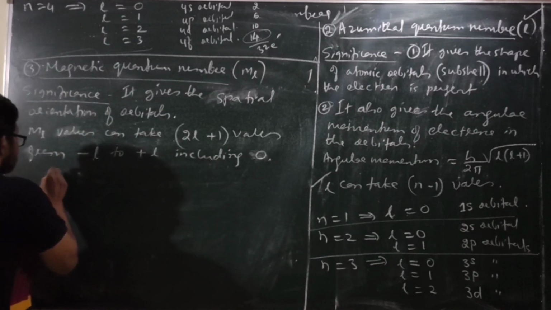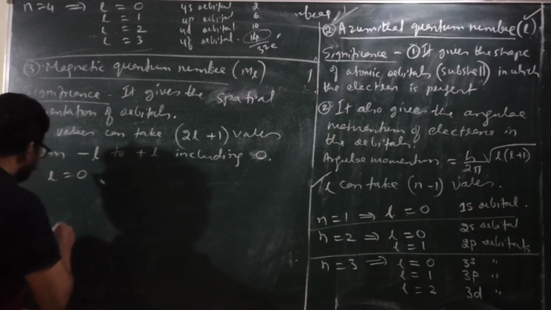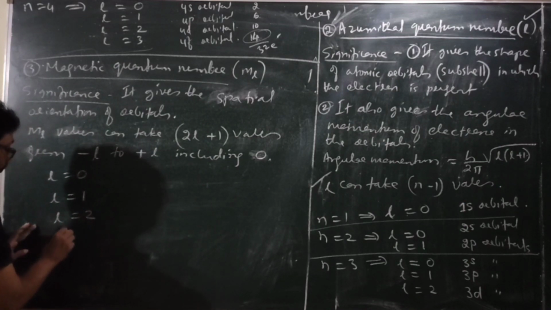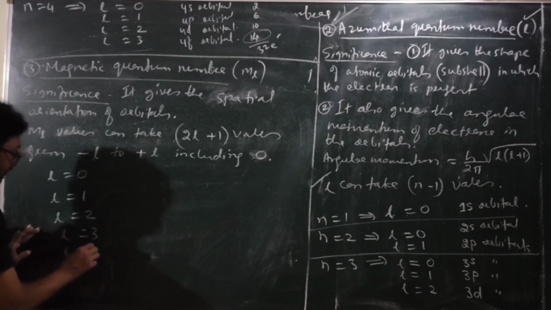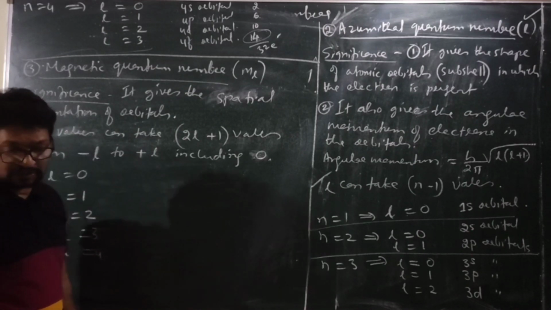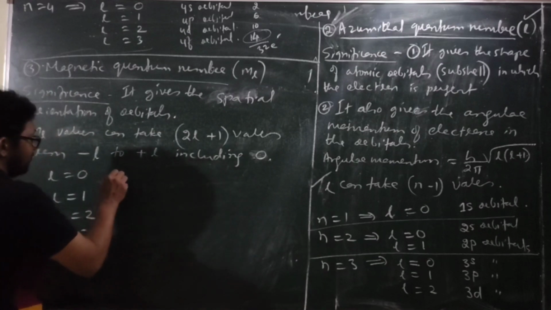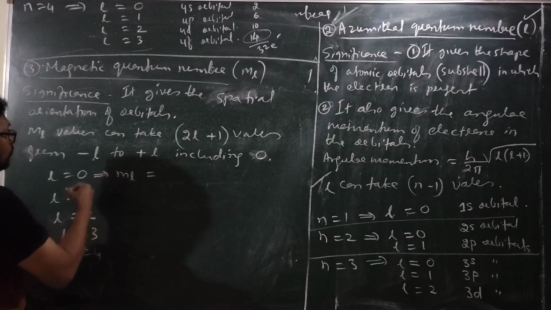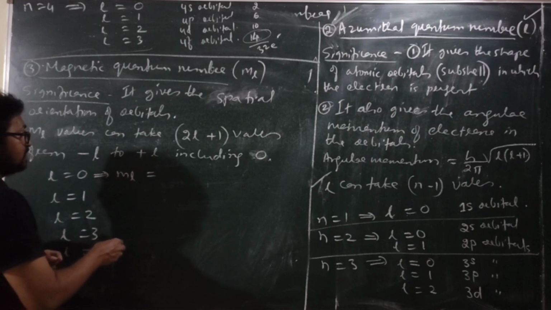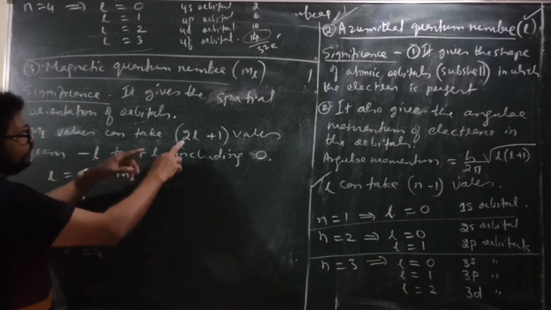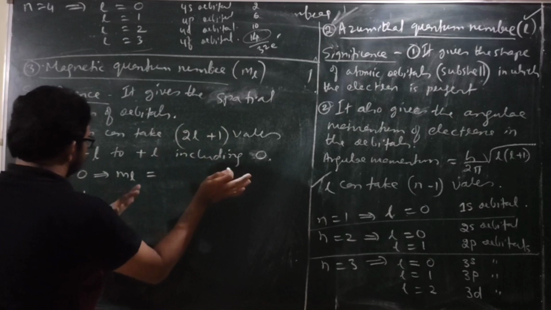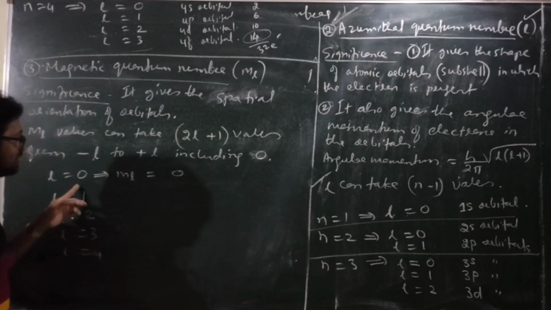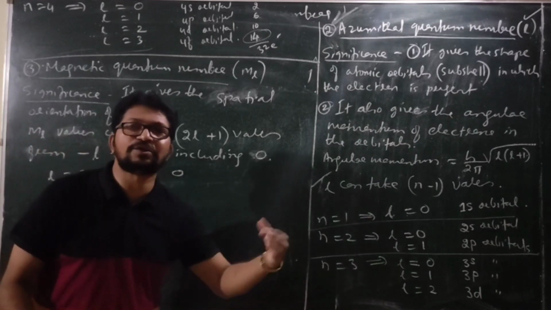How is it? See this. l equal to 0, l equal to 1, l equal to 2, l equal to 3, l equal to 4. What is the ml value? 2l plus 1 values, that is 2 into 0 plus 1. That is minus l to plus l. l is already 0, minus 0 to plus 0.